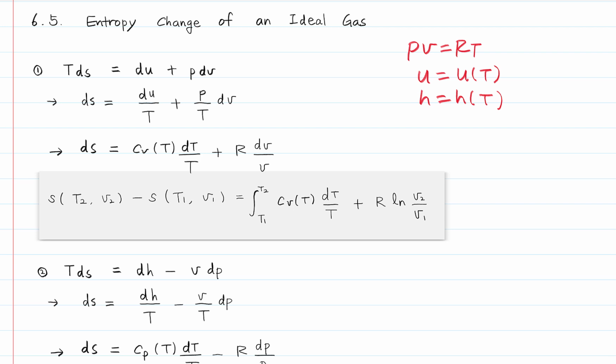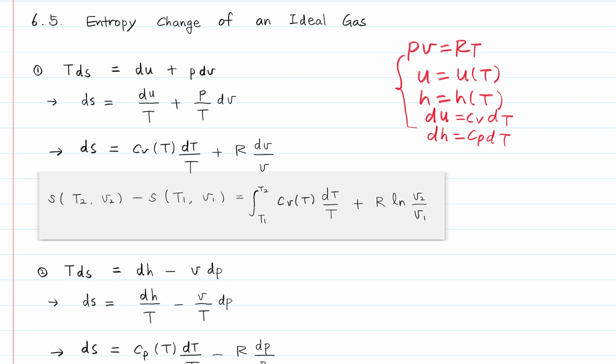From the definition of Cv and Cp, we get du equals Cv dT, and dh equals Cp dT for an ideal gas. So these are the relations for an ideal gas.